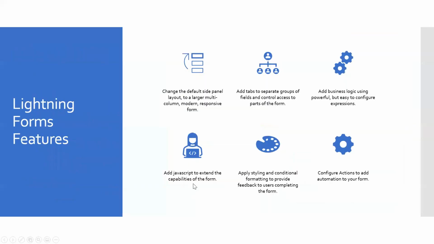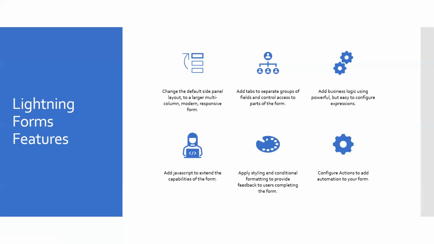Okay, so the different features that Lightning Forms provides. First of all, as I mentioned, it's a tool that allows you to customize the form. So the forms specifically that we're talking about are the SharePoint list forms. So in a SharePoint list, you have 3 forms by default. You've got the new form, which is used obviously to create new SharePoint list items. You also have an edit form, which is used to edit existing SharePoint list items.